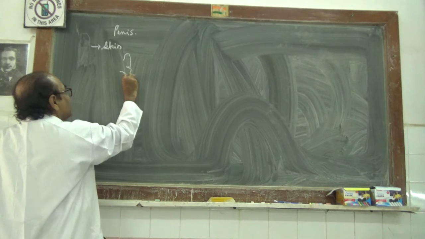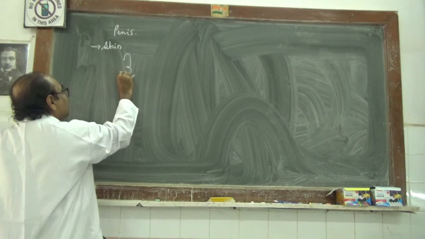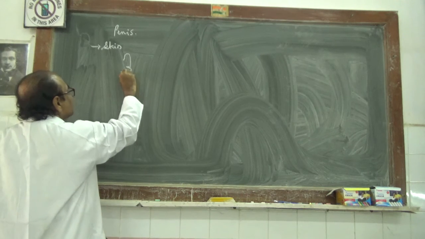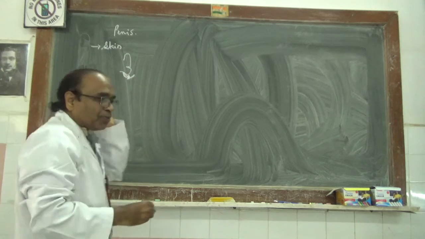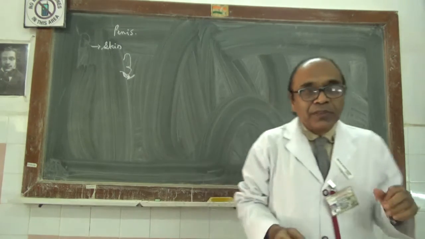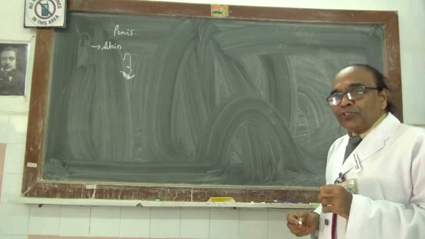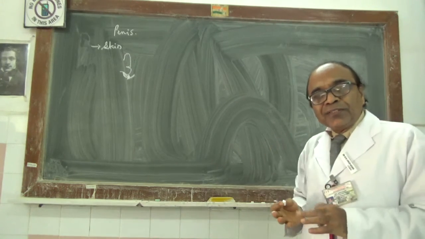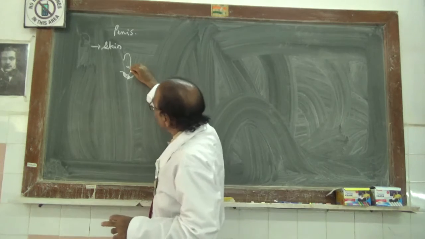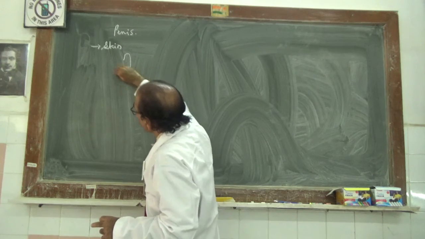The internal aspect of the foreskin is attached to the lowermost portion of the corpus spongiosum, where that expanded umbrella-like structure is there below the urethral orifice.